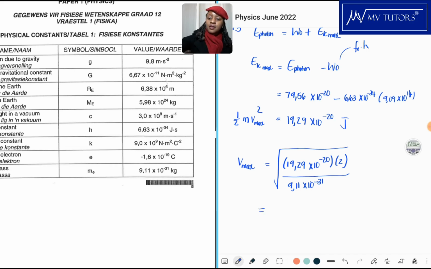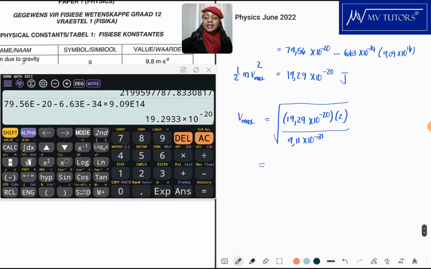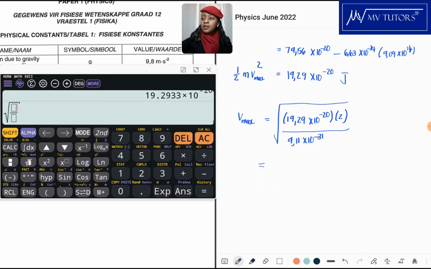So let's get the calculator out and see what we can do. So we have root, I'm going to take that answer, multiply it by 2, and divide it by the mass of an electron.